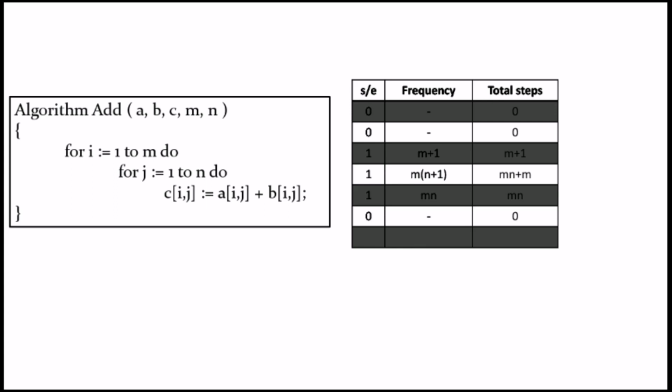And next, 1 into mn will be mn. So the total calculation will be 2mn plus 2m plus 1. So this will be our time complexity, that is the number of steps required by the algorithm.